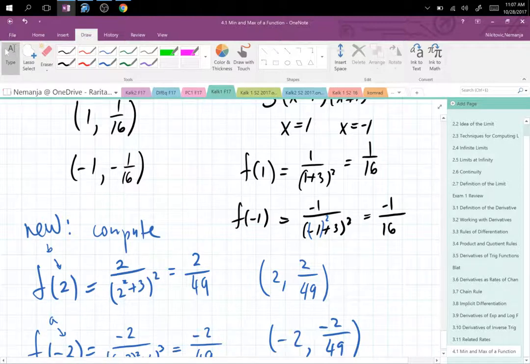So now what's bigger, negative 1 over 16 or 2 over 49? Which one is bigger? 2 over 49. Yep. So here's your abs max, and again you have negative 1 over 16, and this is your abs min.